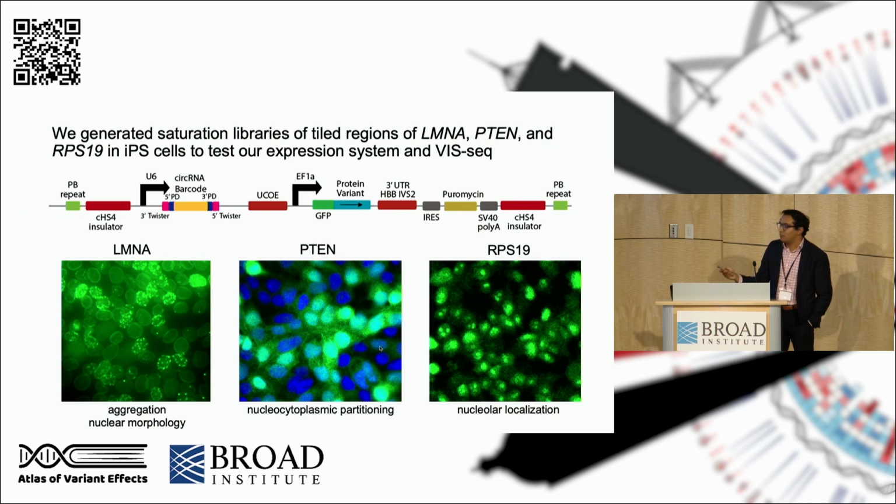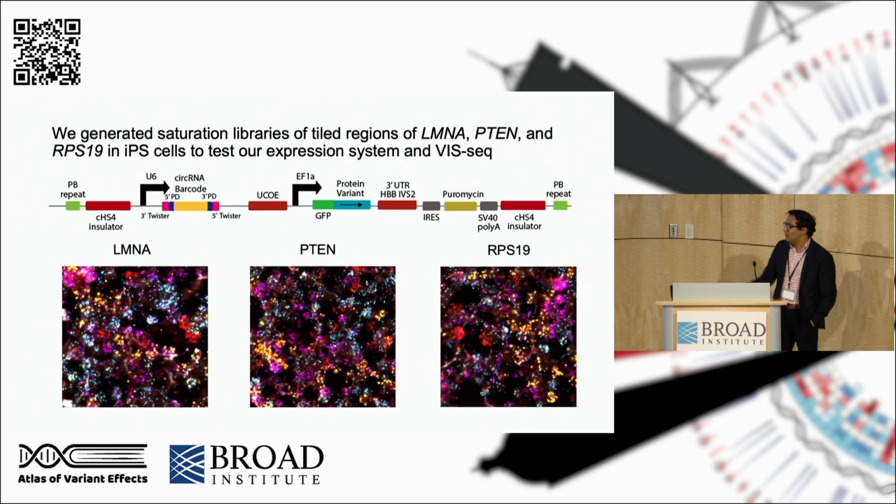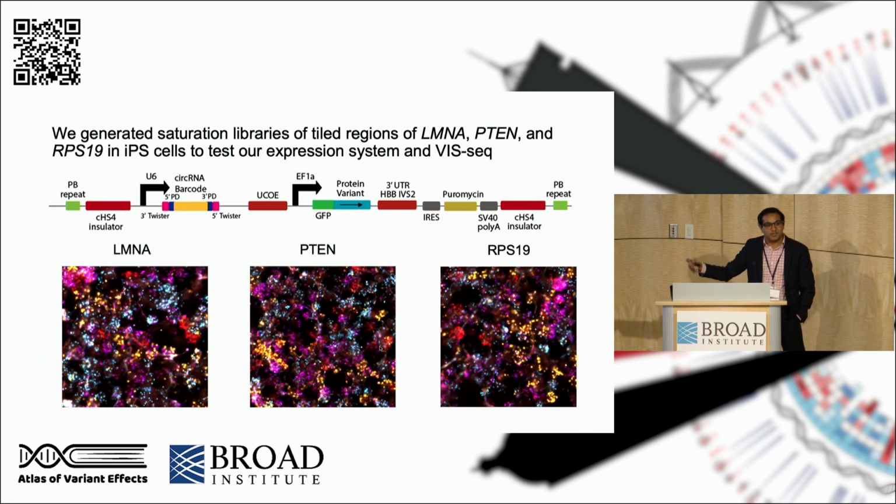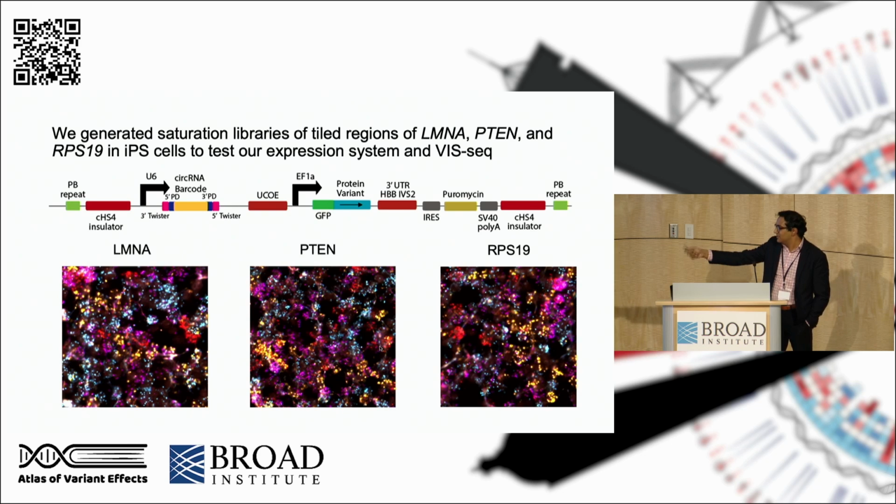Right now we are working on differentiating iPSCs with these libraries into cardiomyocytes and neurons to ask, are those phenotypes still present in those differentiated cell types, and are there new phenotypes present? And then, of course, doing in situ sequencing in those cell types. This is just to prove that we're able to get the in situ sequencing also working in iPSCs. The power of the circular RNA approach is that it really is agnostic to cell type, because these circular RNAs are so common in the cell that you can apply this to basically any cell type you want.